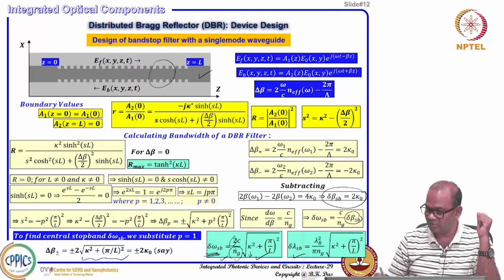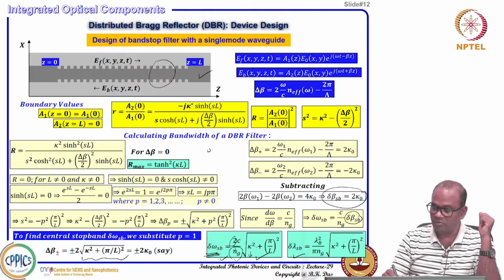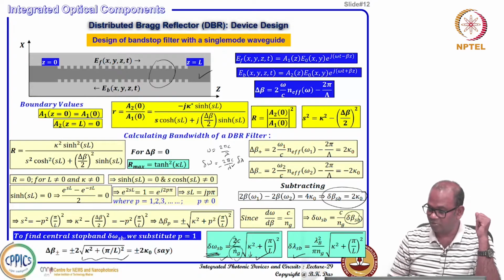We can just convert it into an omega lambda relationship. We know omega equal to 2 pi c by lambda. So, you can write delta omega equal to 2 pi c by lambda square delta lambda, a minus sign will be there. So, if you convert this delta omega into lambda, then we can find out the stop band in terms of lambda: lambda b square, Bragg wavelength, by pi n g, and this one.